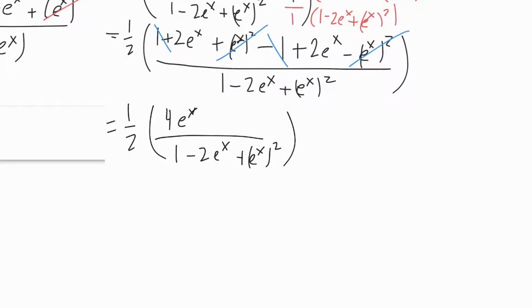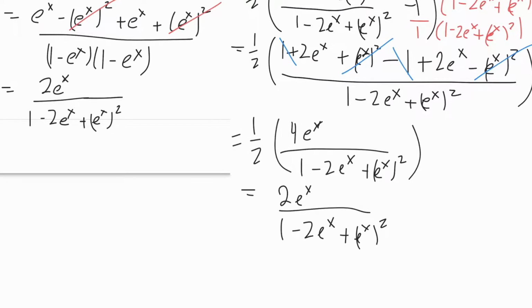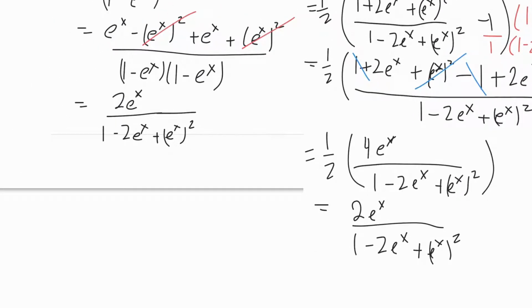Well, the 1/2 and the 4 can cancel, giving me just 2e to the x over (1 minus 2e to the x plus e to the x) all squared. And if you compare that, it just so happens that these two are the same.